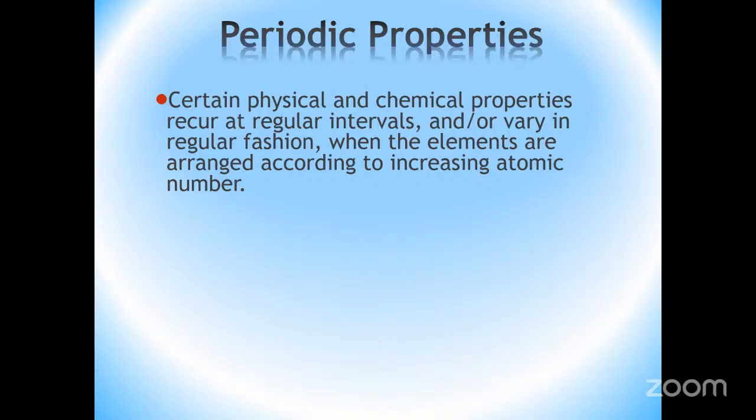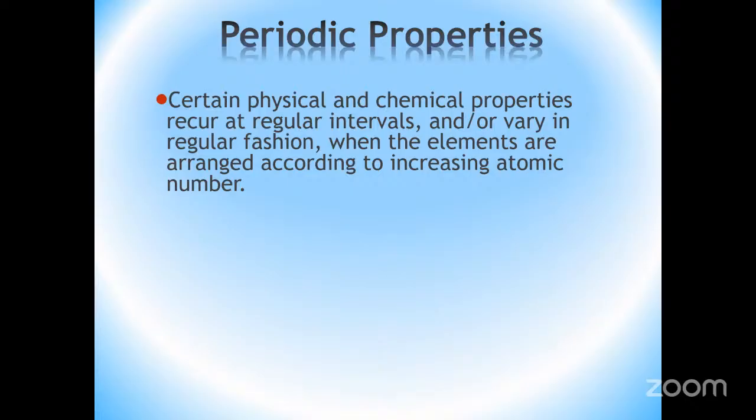And what he discovered was that after so many elements, the properties themselves repeat, all right? So he basically came up with a version of the periodic table, which was not complete by any means because there are some gaps in it, which basically represented elements that were not yet discovered, all right? So that's what Mendeleev discovered.